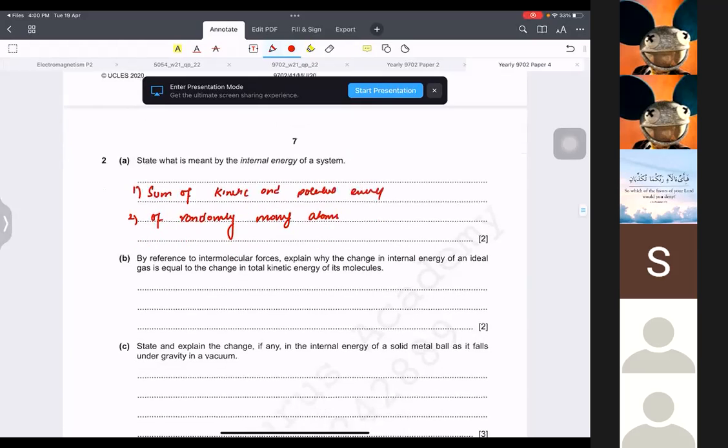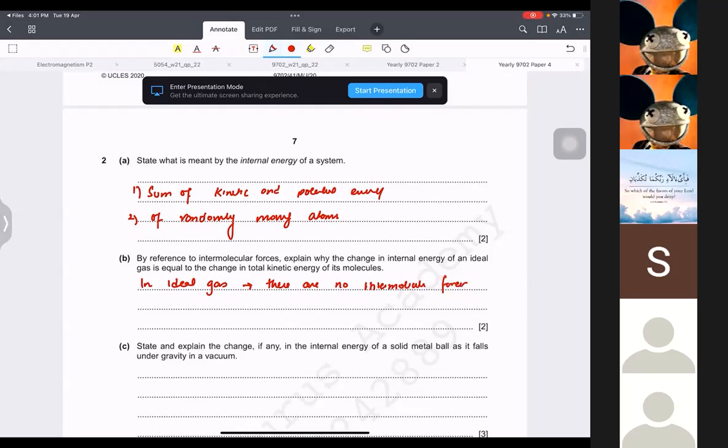Okay, for 2 marks. By reference to intermolecular forces, explain why the change in internal energy of an ideal gas is equal to change in total kinetic. Okay, that's pretty easy. In ideal gases, there are no intermolecular forces.